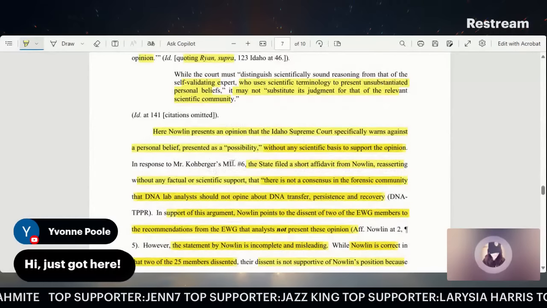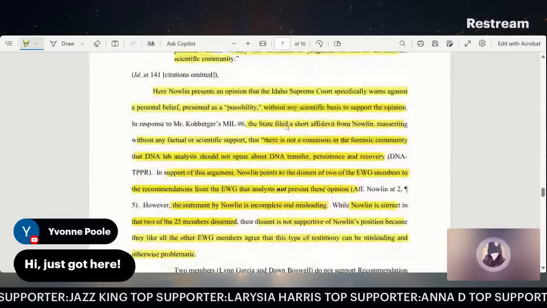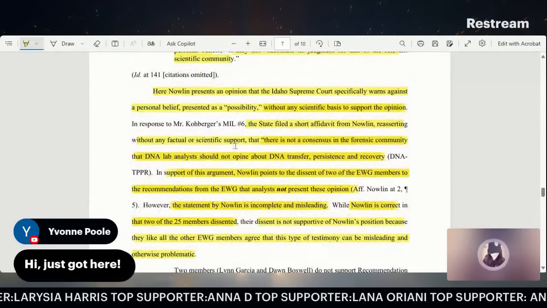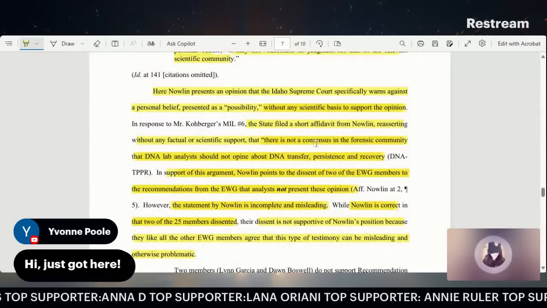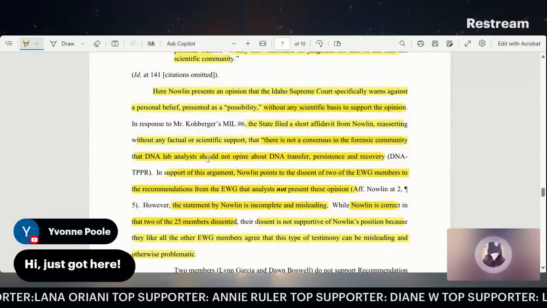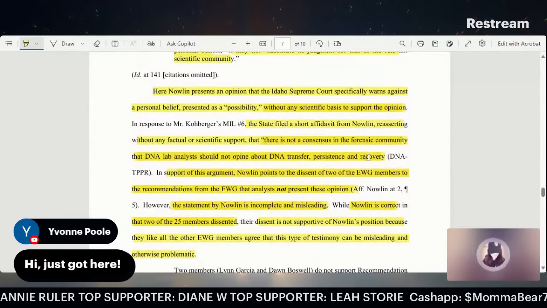In response to Mr. Kohberger's motion in limine number 6, the state filed a short affidavit from Nowlin reasserting, without any factual or scientific support, that, quote, there is not a consensus in the forensic community that DNA lab analysts should not opine about DNA transfer, persistence, and recovery.